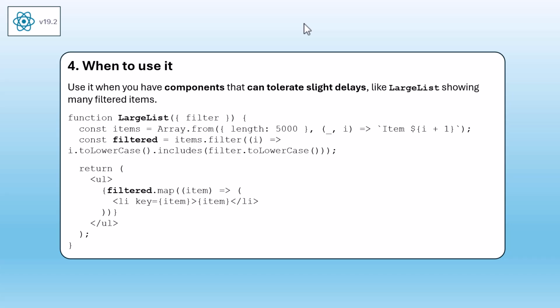The slower part of the UI can show stale content for a brief moment, and it is acceptable to the user that it catches up slightly afterwards. If your UI is already very fast and inexpensive, or if you cannot tolerate any lag in the dependent UI, then useDeferredValue may not bring benefit. You might instead focus on optimizing the heavy UI itself.